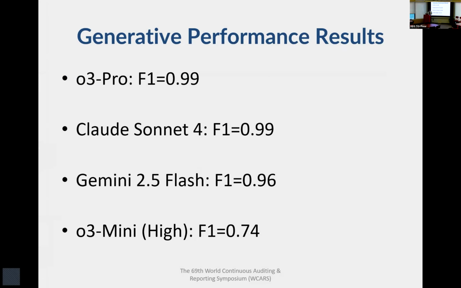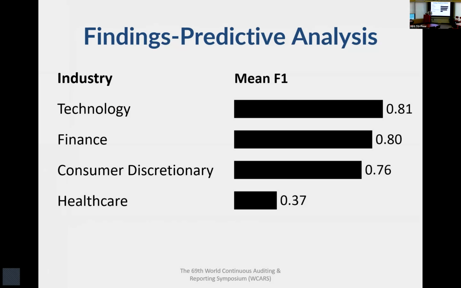When we looked at the four industries, technology led, and then finance, and then consumer discretionary, and then healthcare. So there was a big gap between technology and healthcare. This could be due to industry disclosure style, data density. So we have to further investigate that.